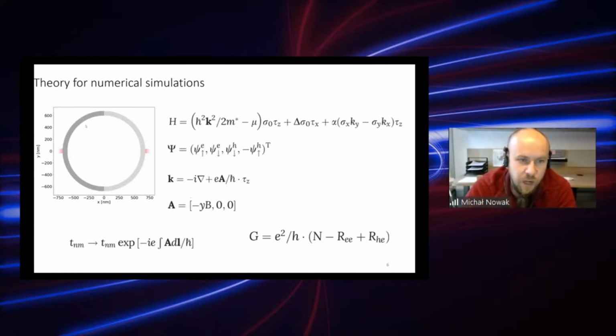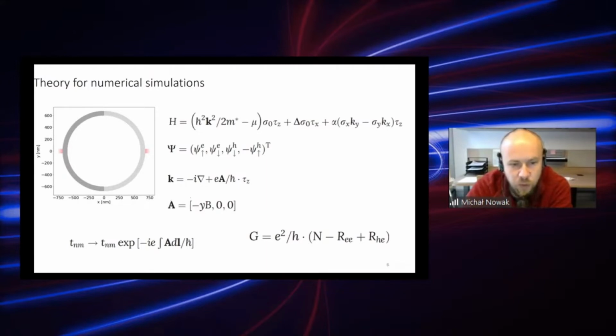In our calculation, we just consider two regions, one without the superconducting pairing and one with the superconducting pairing, and the ring is connected to two leads. One is normal and the other is superconducting. We use the Bogoliubov-de Gennes description of the system. We include spin-orbit coupling, and of course we include orbital effects of the magnetic field by the canonical momentum with the vector potential in such a gauge.